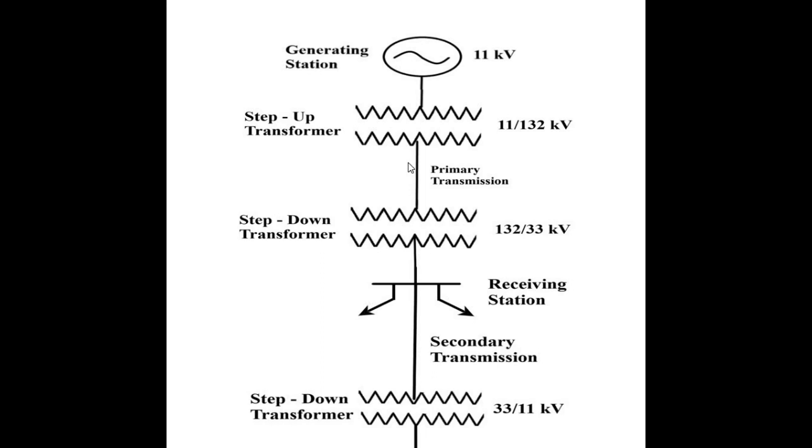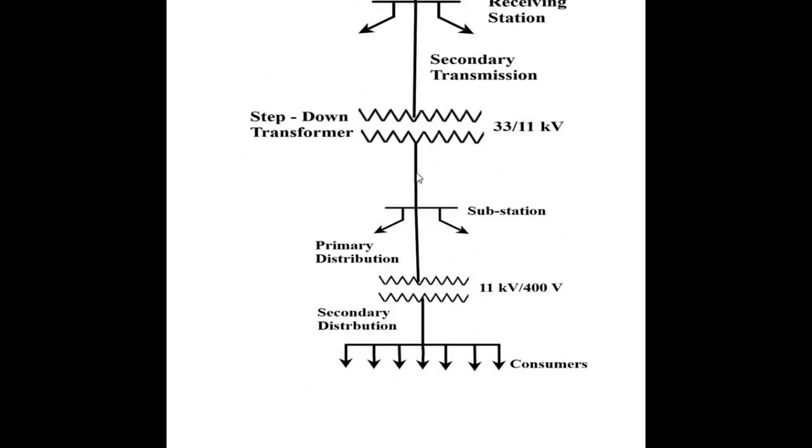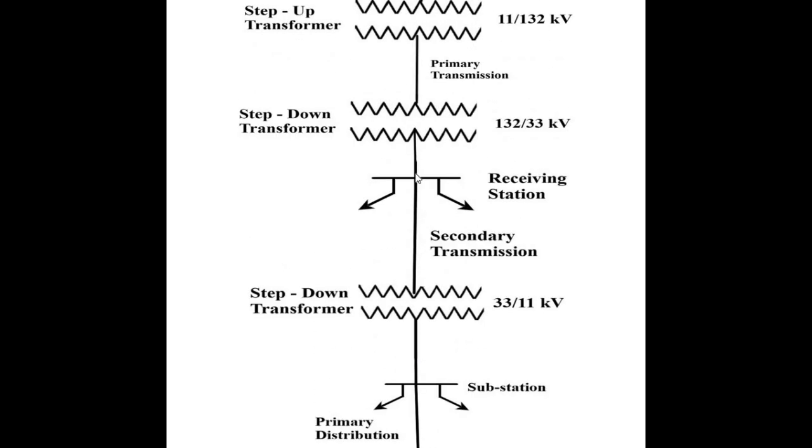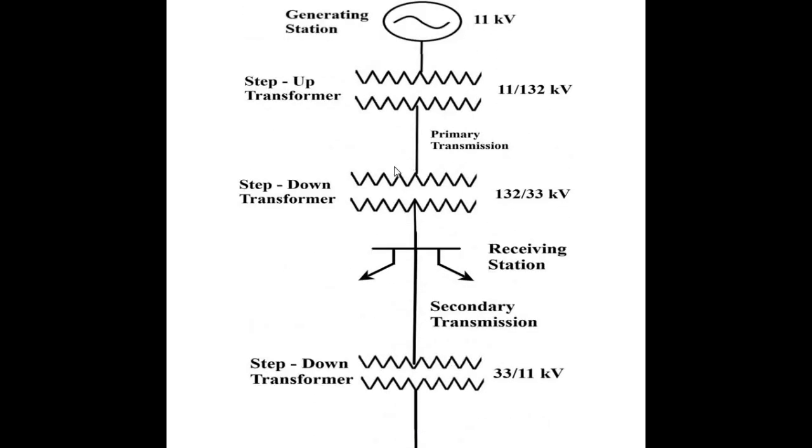So this is the single line diagram or line diagram which is used to represent the general AC power supply scheme. I request you to please draw it before watching this video, because I have used it in segments in the different parts.